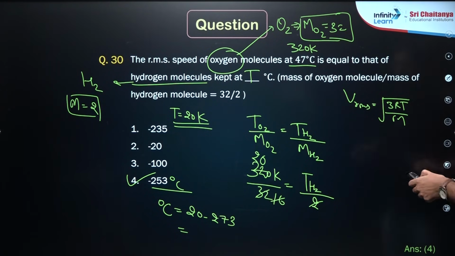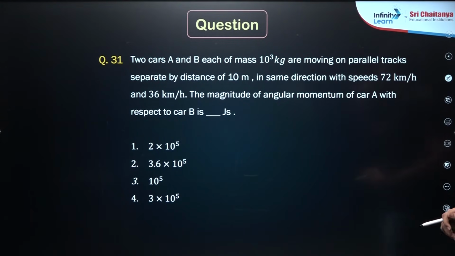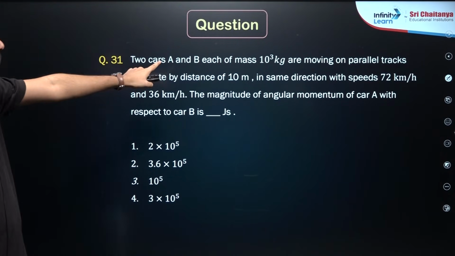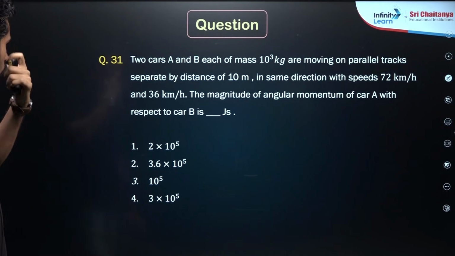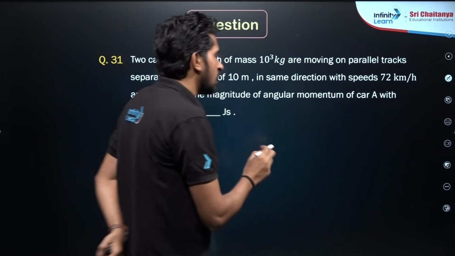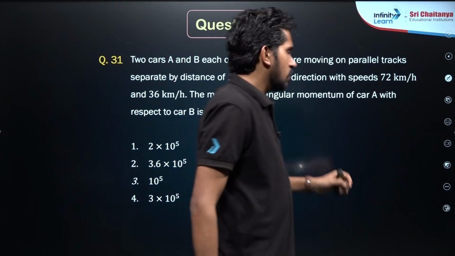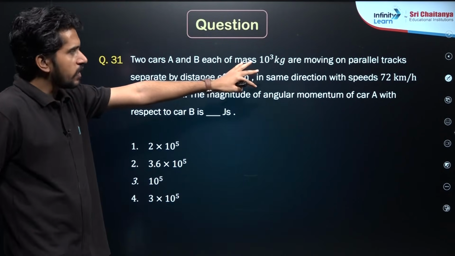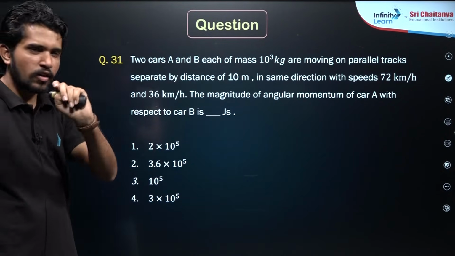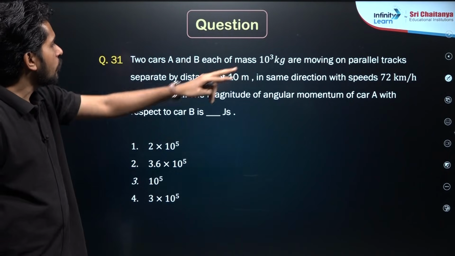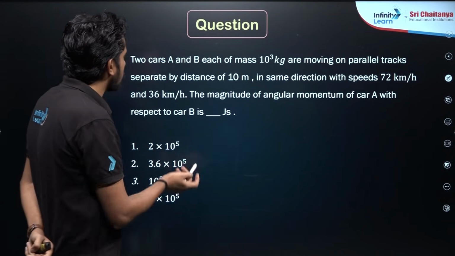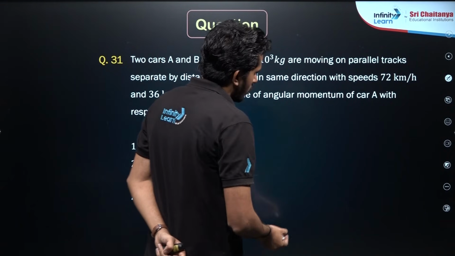Now let's approach the 31st question. Two cars A and B, each of mass 10 raised to 3 kilograms. Mass of cars is given 10 raised to 3 kilograms, that means 1000 kilograms, moving on parallel tracks separated by distance 10 meters.